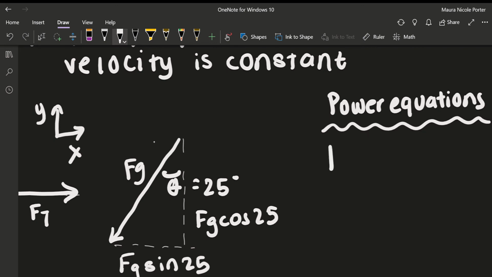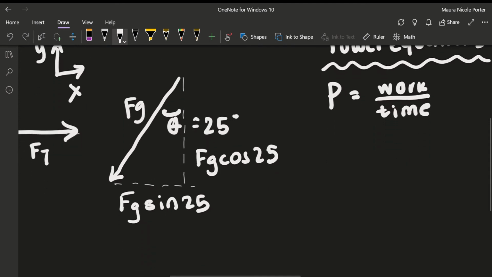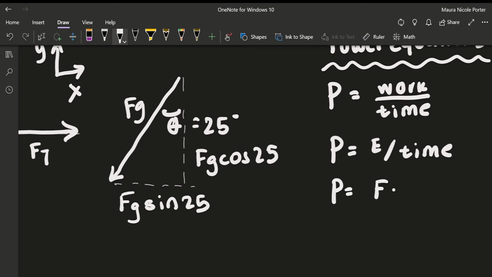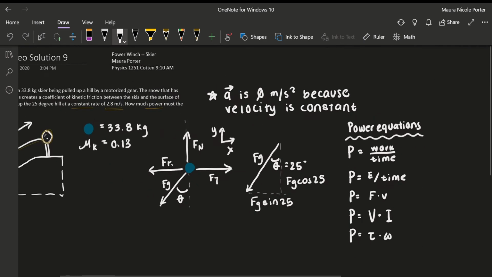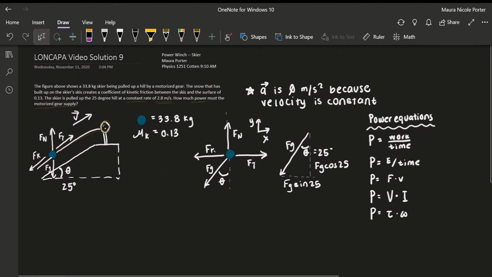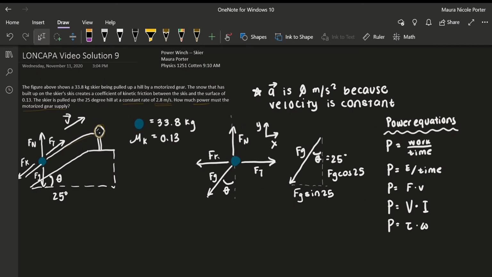The most well-known is going to be power is equal to work divided by time, but there's a few others that I'll write out really quick. So, even though I already said it, I'll just say it again for this power equation, which one we're going to use.